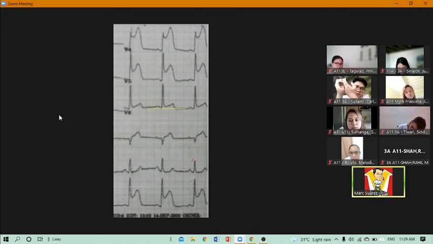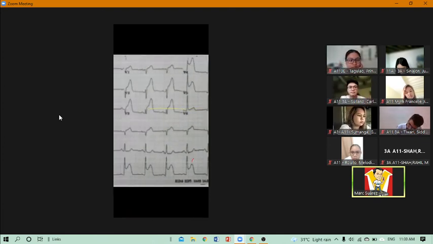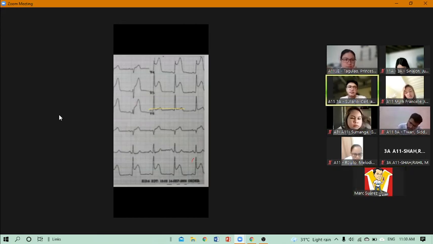Okay, so what does that tell us? Finally, we're almost done. There is an ST elevation in V1, V2, V3, V4, and V5. What does that tell us now? Tissue damage in the septal, anterior, and lateral walls, Doc.